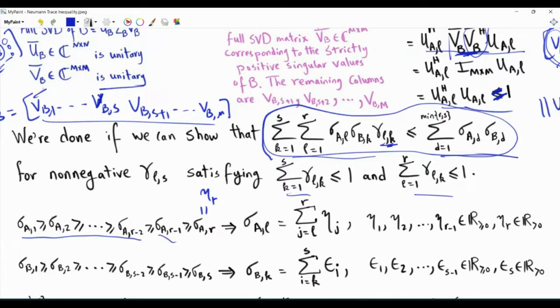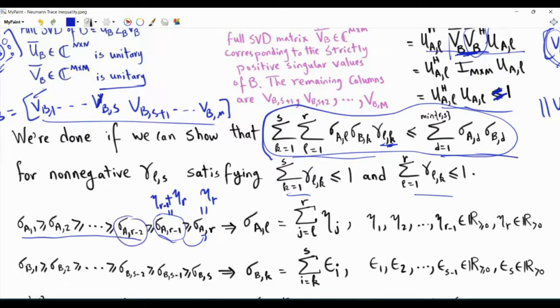That's the singular value that is greater than or equal to this one. Rather than leaving it as is, I will write it as eta_R plus a non-negative quantity, to take into account that this singular value is greater than or equal to that singular value. Let's call it eta_(R-1).